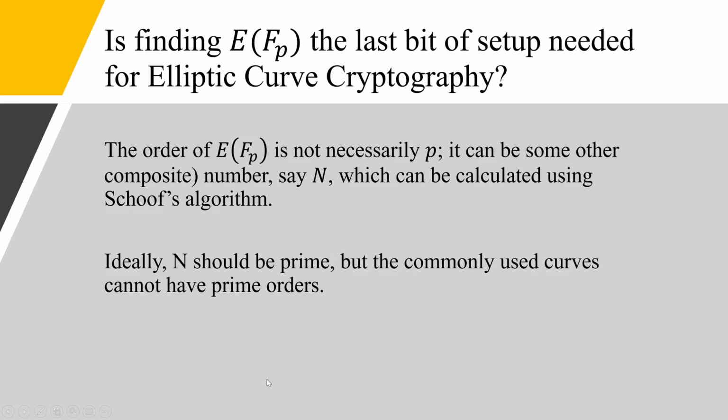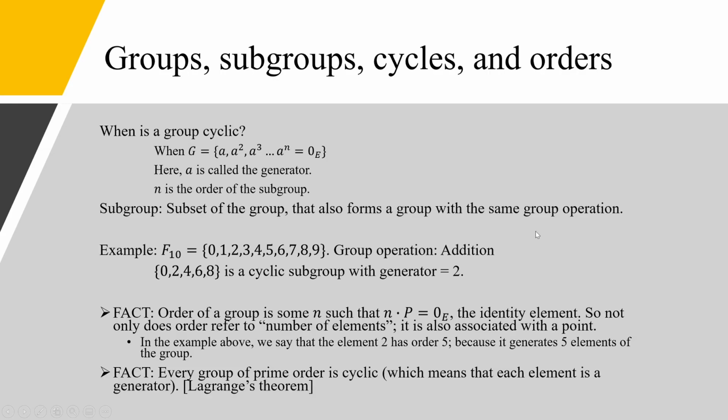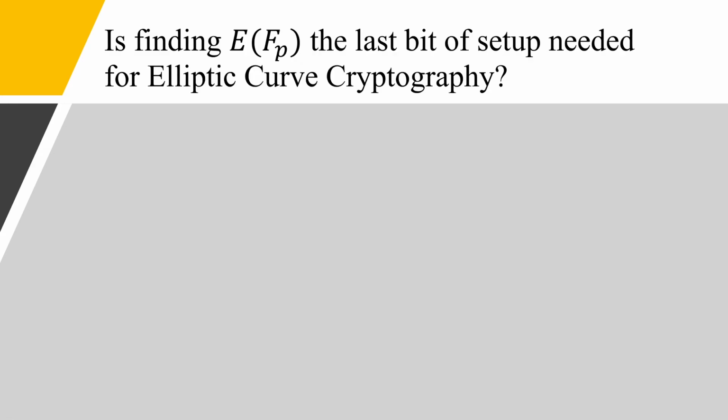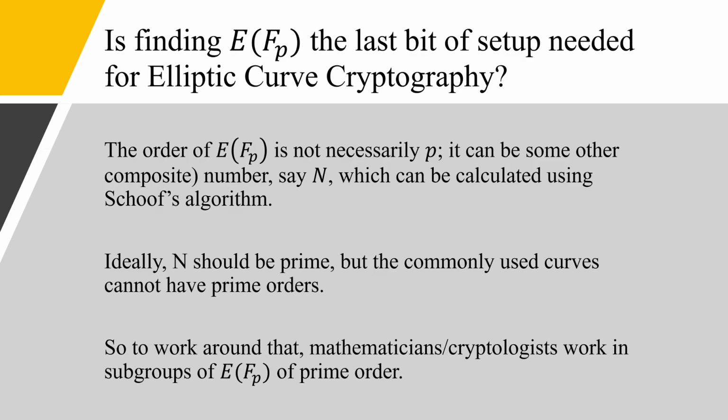Why? Because we proved that if we take any element in a group and we use it as a generator, it will generate a cyclic subgroup. That is a very important principle. So what we do is we take a subgroup of the restricted elliptic curve, and that subgroup will be of prime order.